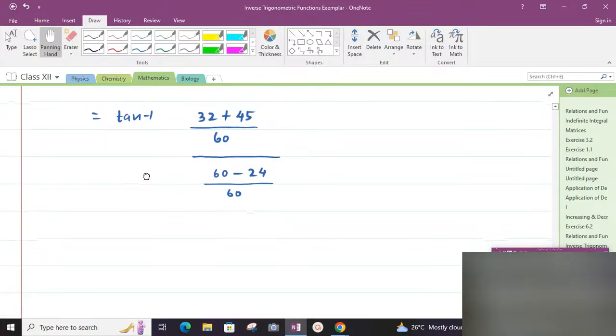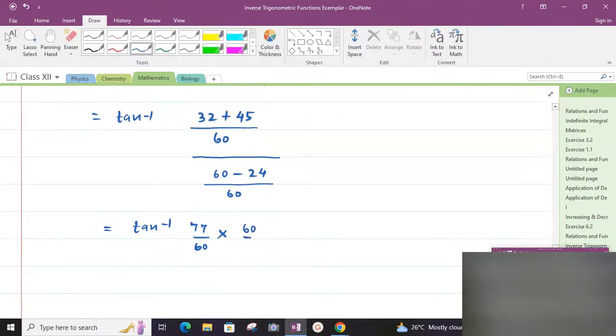So the next step will be equal to tan inverse. The addition of this will be 77 by 60, into 60 by the subtraction of this, which is 10 minus 4 equal to 6 and 5 minus 2 equal to 3.